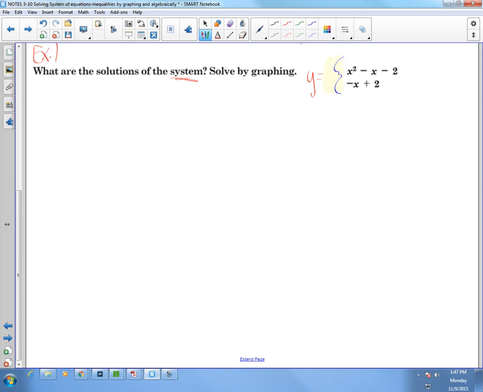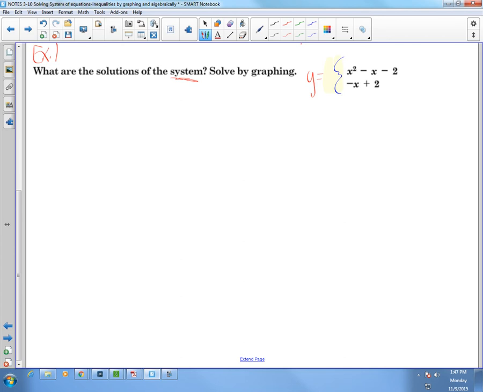I took out the double y equals and put one y equals a system, meaning y equals creates 2 different functions. y equals x squared minus x minus 2, and y also equals negative x plus 2.